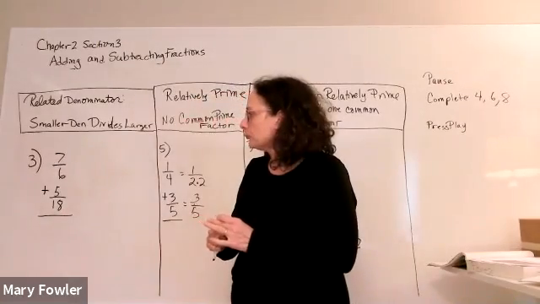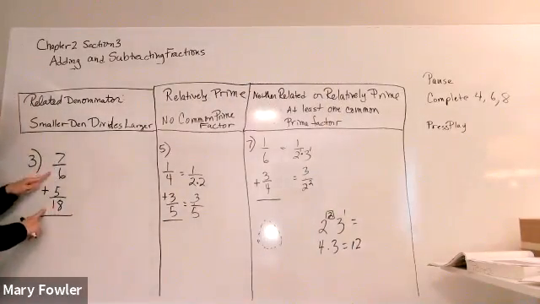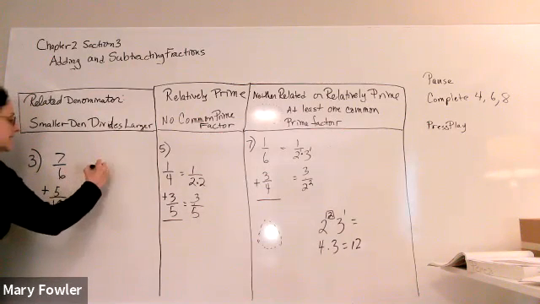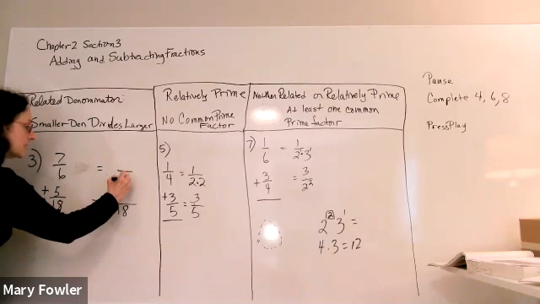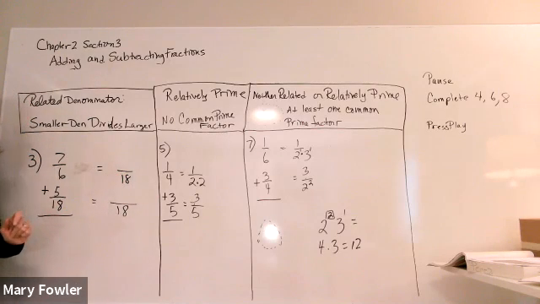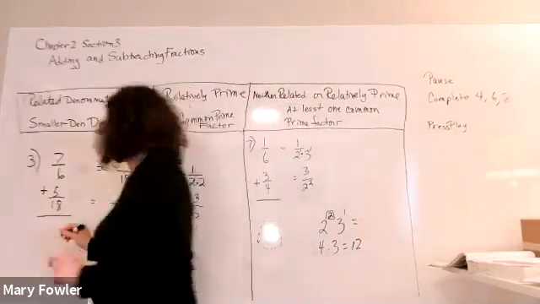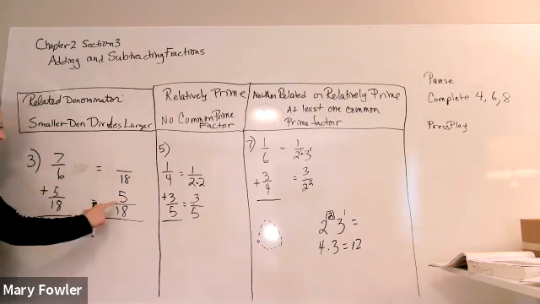Okay. So over here, we have to find our common denominator, and because they're related, the common denominator is 18. So I'm going to rewrite each of these fractions as the equivalent fraction whose denominator is 18. That's pretty easy for the bottom one because it's equivalent to itself.